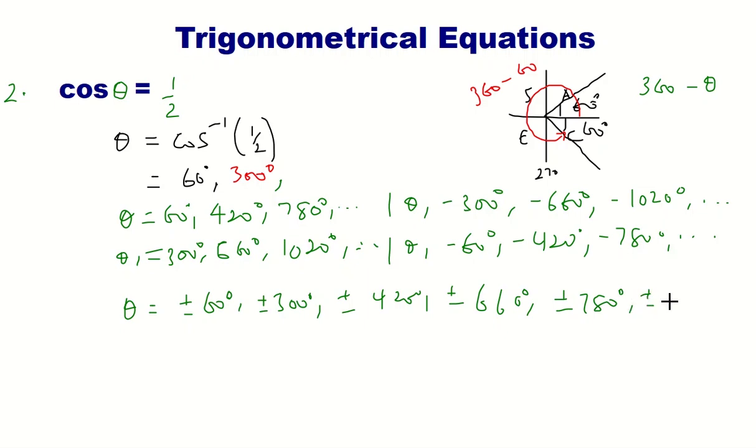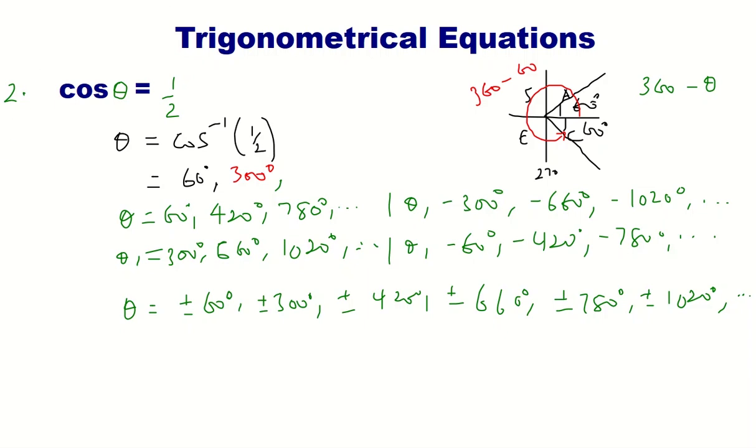We have positive and negative 1020 degrees. This is what we get for this question. So those are the values of theta, and all these give us our cos theta as a half. And there are actually very many others that we cannot exhaust, as I've already told you.